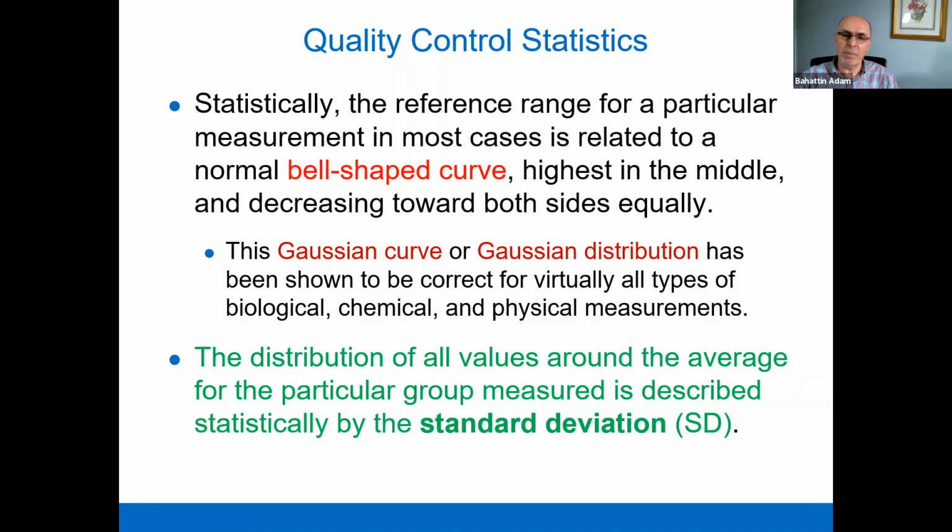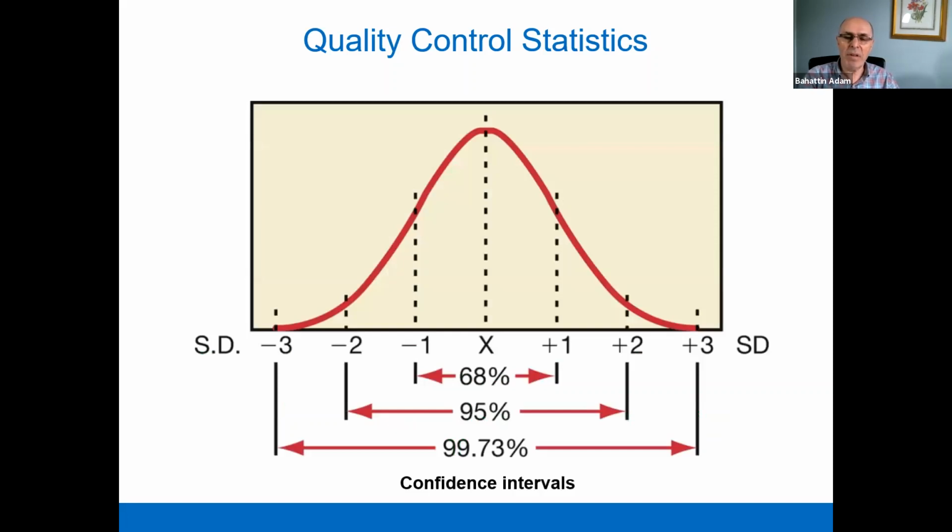Okay, as you remember, I told you that most of the biological, chemical, and physical measurements represent a Gaussian distribution, or a bell-shaped curve, and the distribution of all values around the average for the particular group measures is described statistically by the standard deviation.